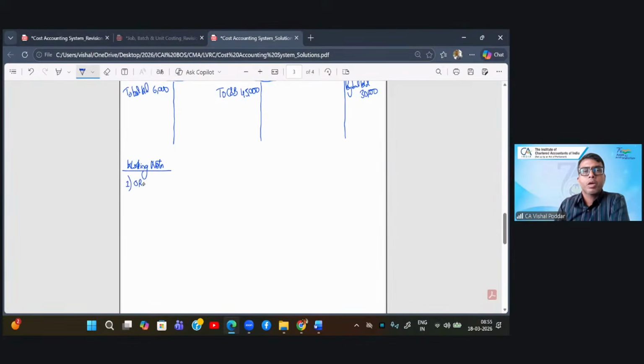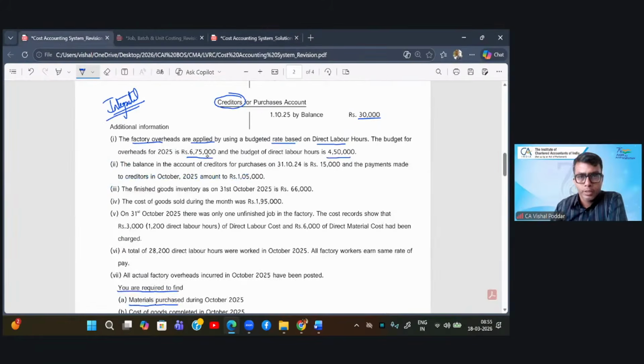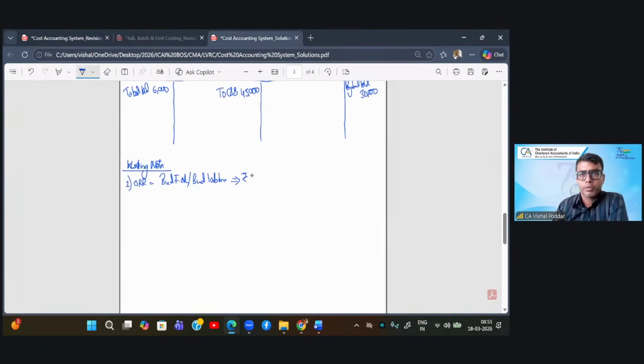So first is ORR, overhead recovery rate, overheads upon budgeted labor hours. Correct? Now, how much is it given? 6,75,000 and 4,50,000 hours.